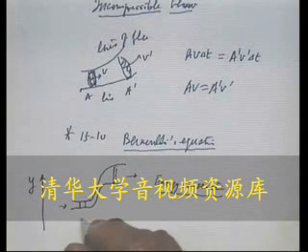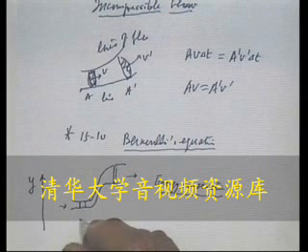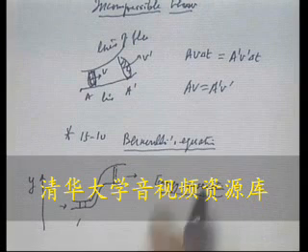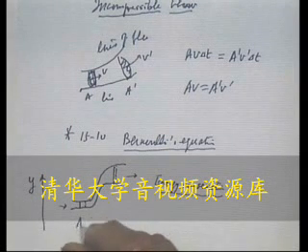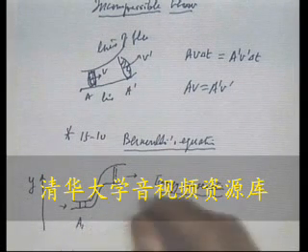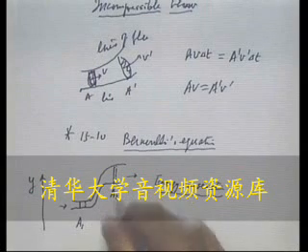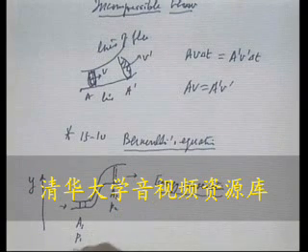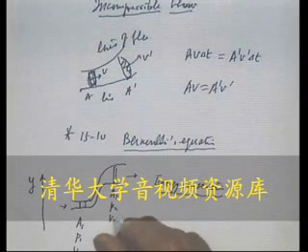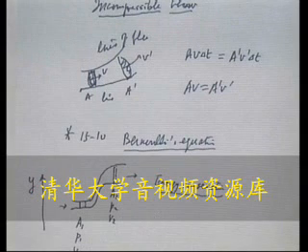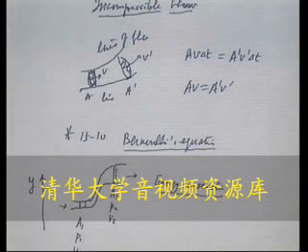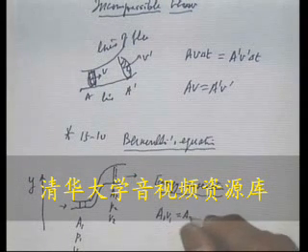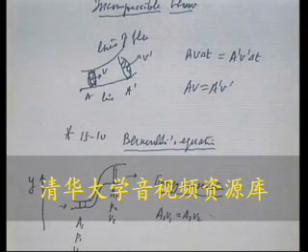At this point there is an area A1 and here is A2. At this point there's pressure P1, there's pressure P2. At this point there's V1, there's V2. Now we know A1 V1 is equal to A2 V2. We already had that.